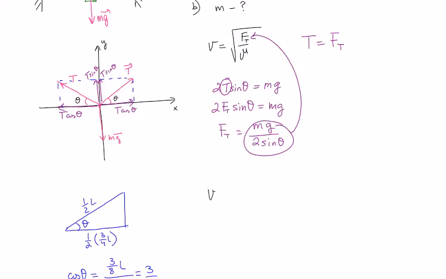Now let's write v equals square root of mg over mu times 2 sine theta. Okay, well, we need to plug in the numbers.